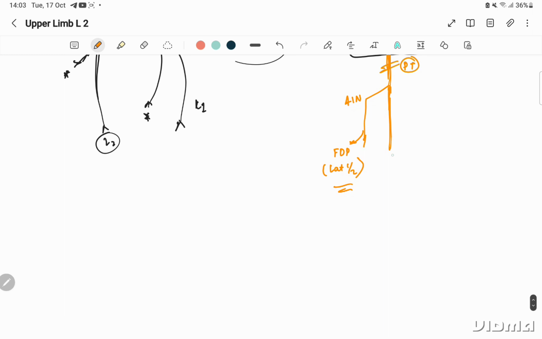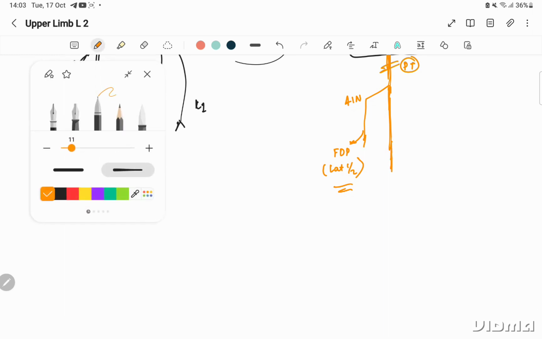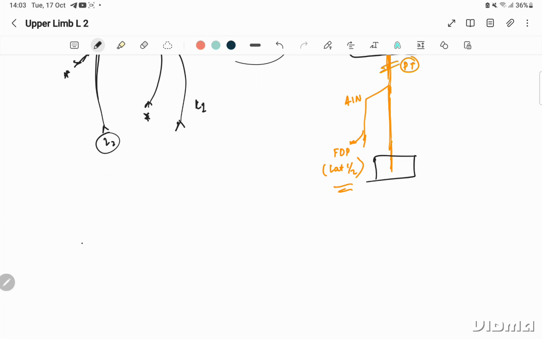Okay, and this would drop down and pass deep to the flexor retinaculum. Okay, this part will pass deep to the flexor retinaculum, and a part would be superficial to the flexor retinaculum, which is called the palmar cutaneous branch.